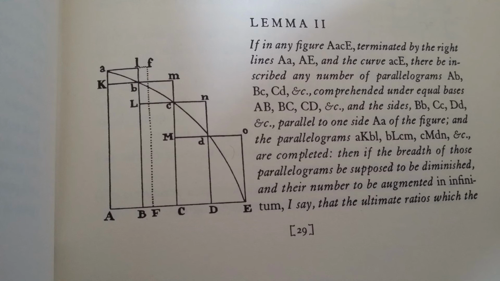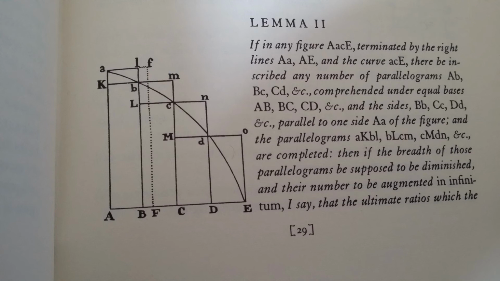For the difference of the inscribed and circumscribed figures is the sum of the parallelograms Kl, Lm, Mn, Do, that is, from the equality of all their bases, the rectangle under one of their bases, Kb, and the sum of their altitudes, Aa, that is, the rectangle ABla.